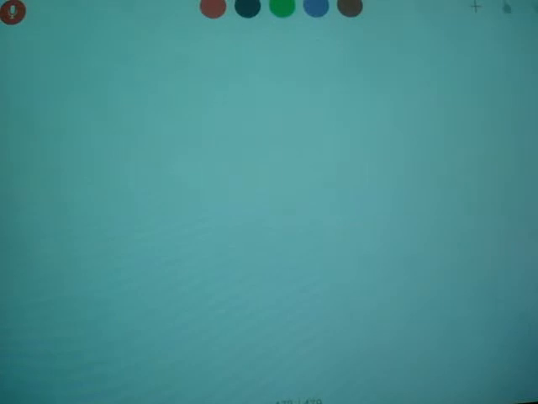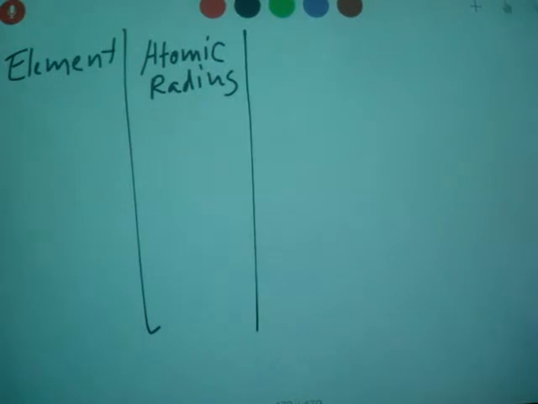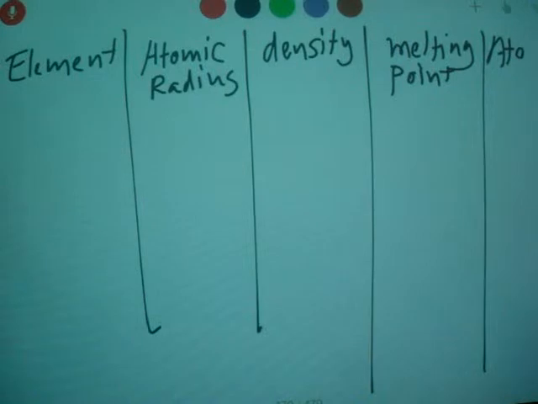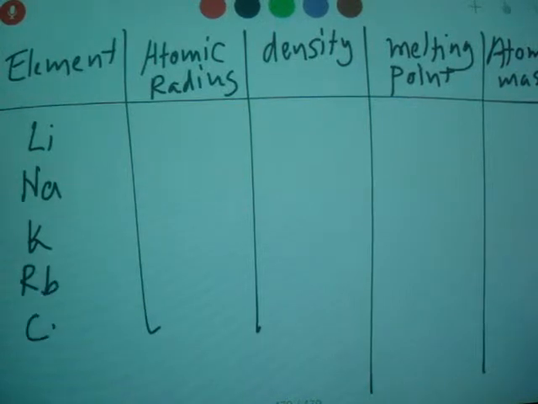So let me give you an example. I'm going to draw a table. Let's say we have element, atomic radius, its density in gram per milliliter, melting point, and its atomic mass. These properties are given for certain elements, for example, lithium, sodium, potassium, rubidium, and cesium.